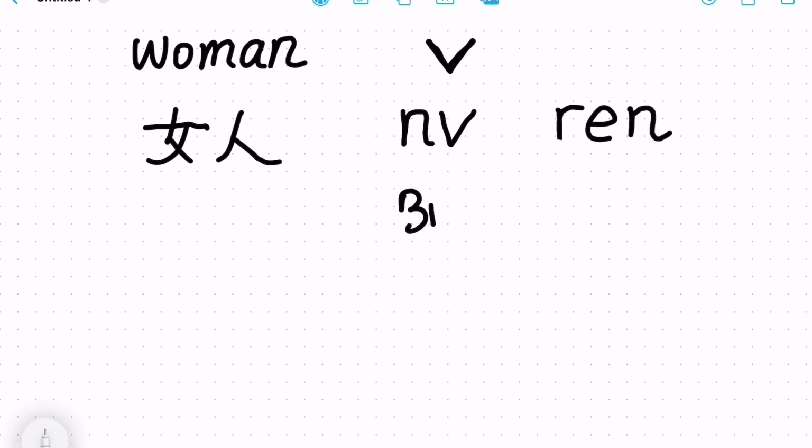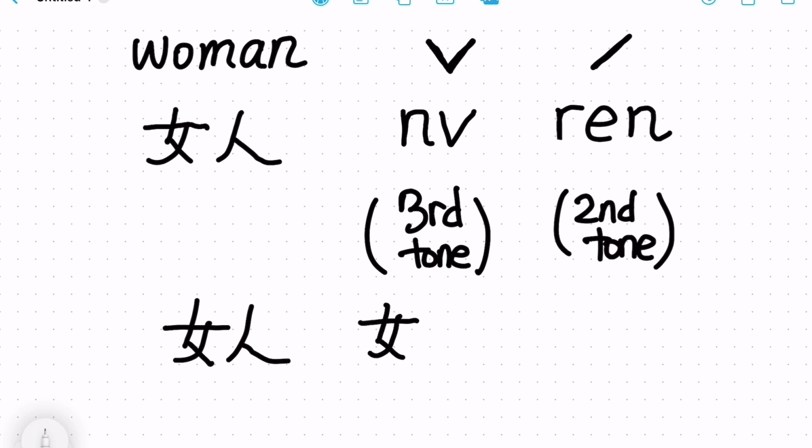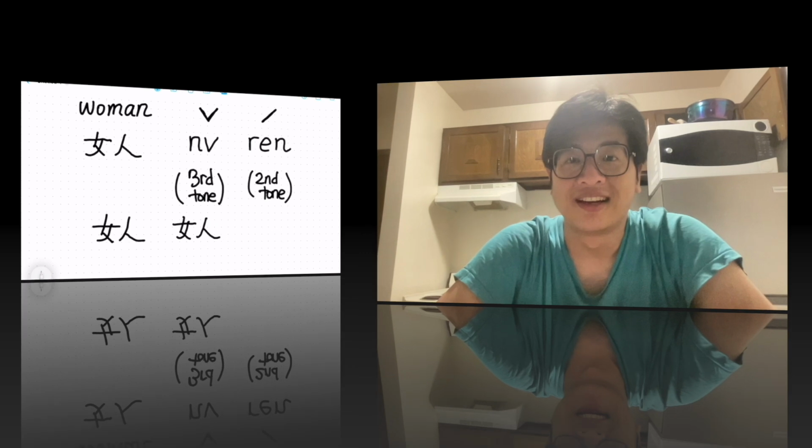This is the third tone. Nü. And the tone of ren is the second tone. Second tone. Okay. Nü ren. Okay, that's the end of this lesson.